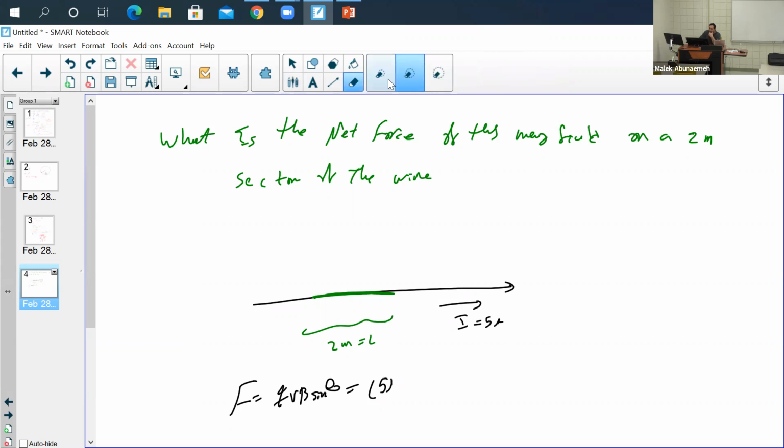Actually, hold up, before I add that, let me just go ahead and write this down real fast. It's going to be equal to qvB sine theta, which is ILB sine theta.